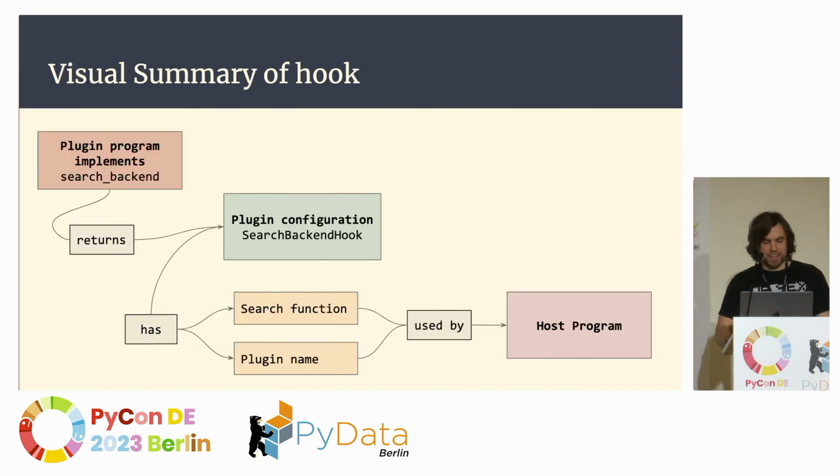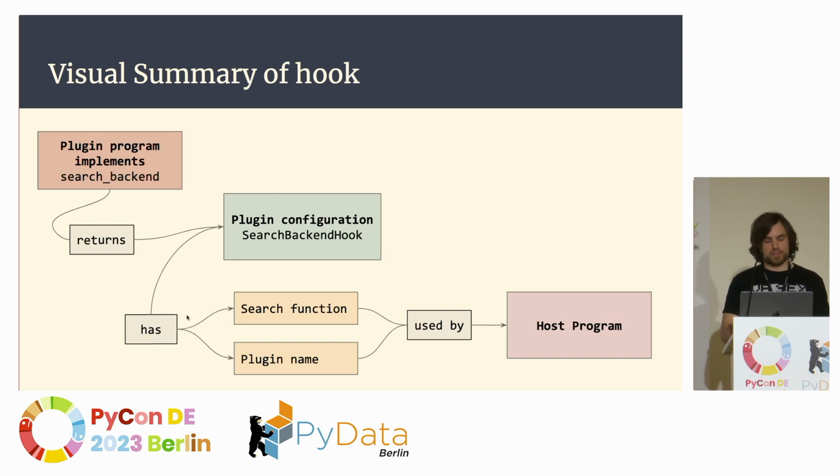And then just to really drill in this whole procedure I just went through, I wanted to show a visual summary, because I know some people here might be visual learners and this might sink in a little bit better. From left to right, we have a plugin that implements this search backend hook, and that hook returns what I'm calling a plugin configuration object, the search backend hook object.